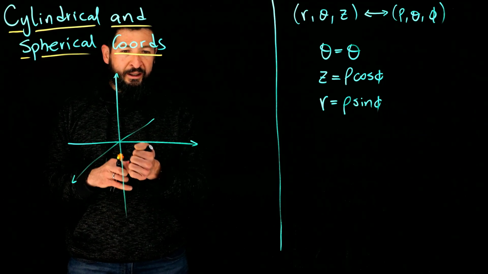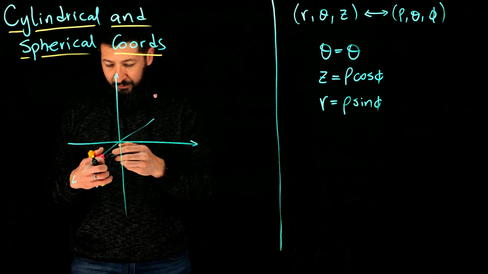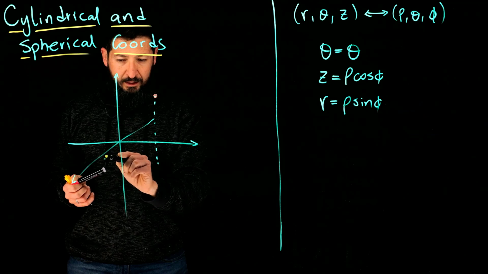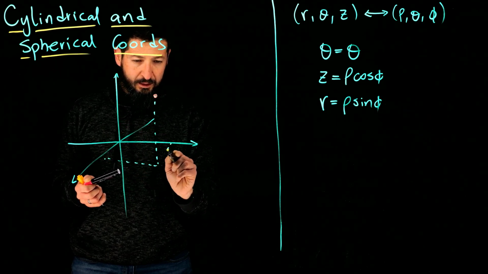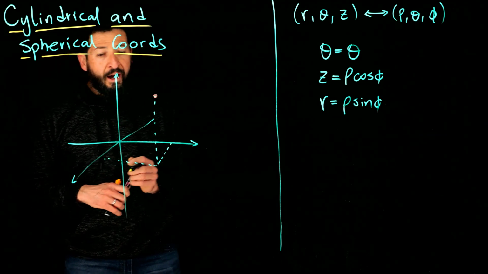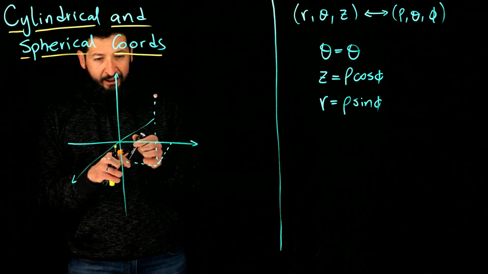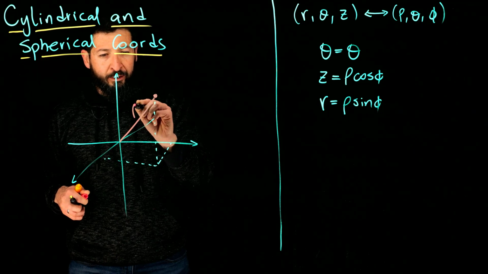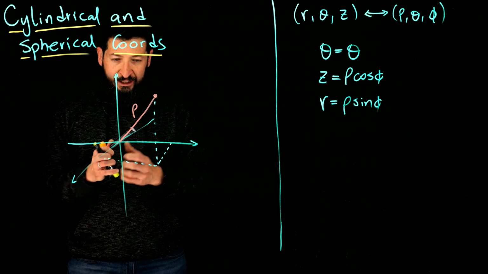So let's draw the point again. Like so. And let's see, then we had our radius. The one I need to draw is rho. And then I need to project down to r.